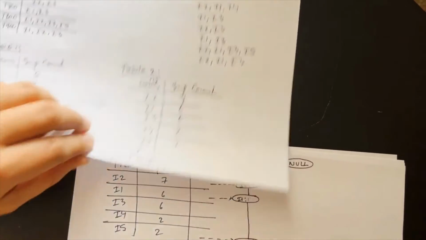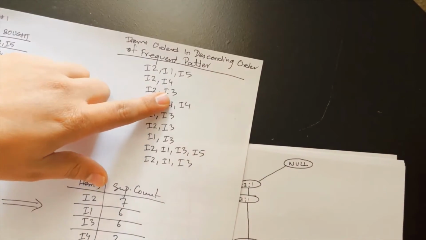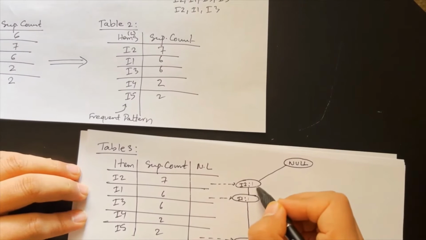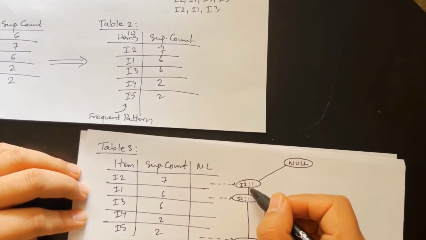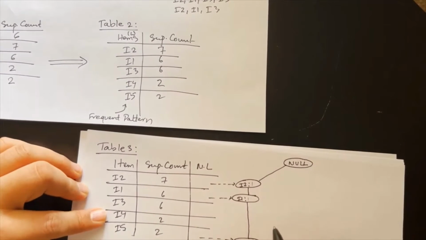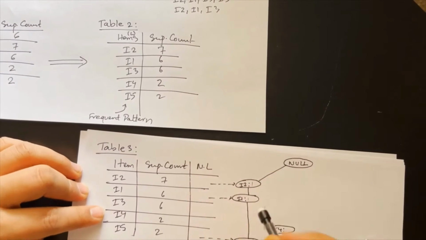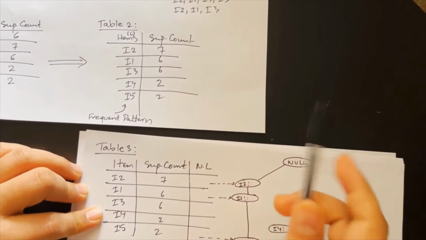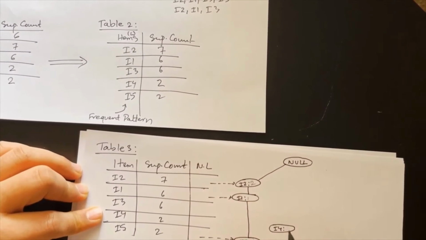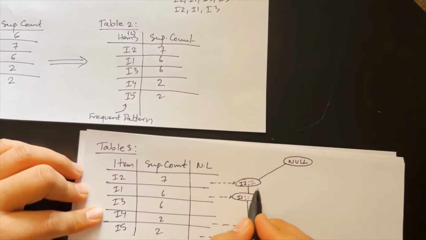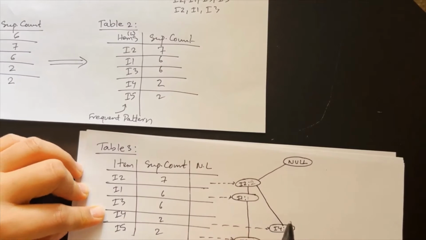Now the second item is I2, I4. Now it's already connected with I2. Now let's start with I2 here and I4. That means we have to make 1 here. I4, let's do, and then since I2 is repeated again, the frequency increases, it becomes 2, and I4 becomes 1. Let me connect this with the node link and this one with the branch here.